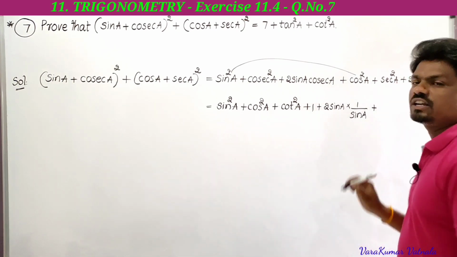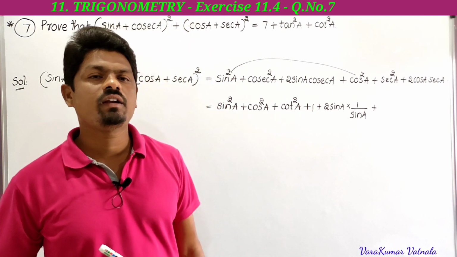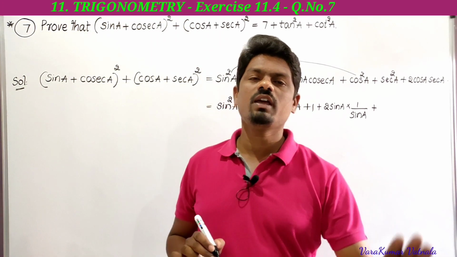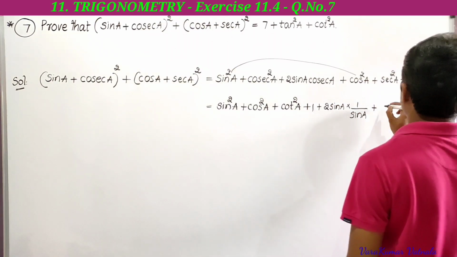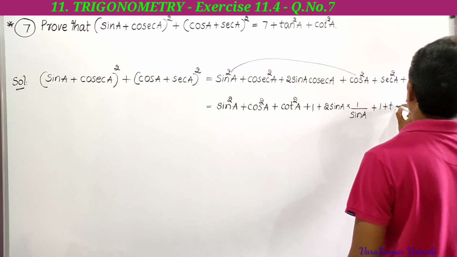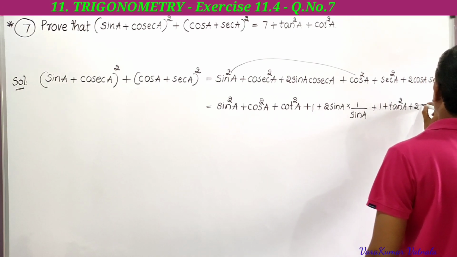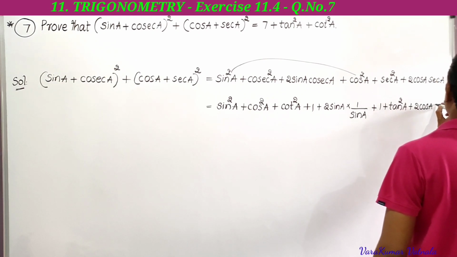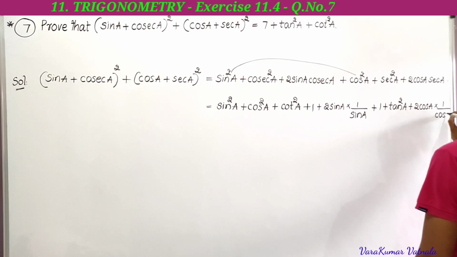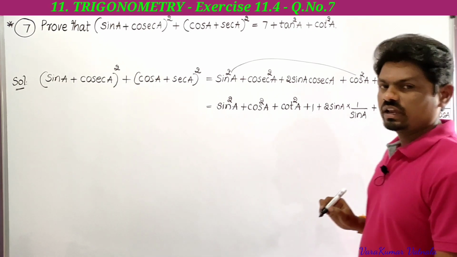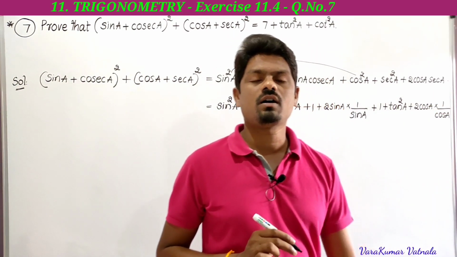Secant square A. Again using the second trigonometric identity, 1 plus tan square A equal to secant square A, instead of secant square A I am writing 1 plus tan square A. So next, 2 cos A and secant A. Instead of secant A, I am writing 1 by cos A, since secant A equal to 1 by cos A.